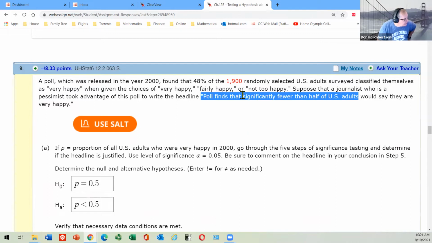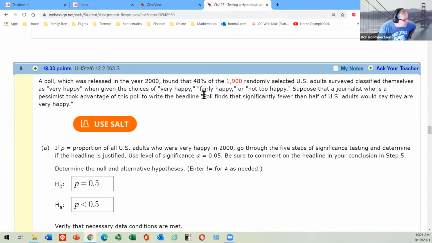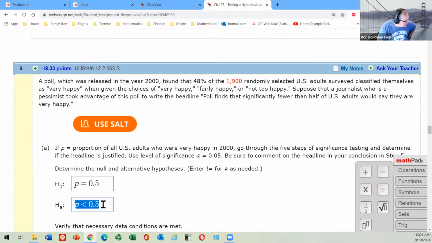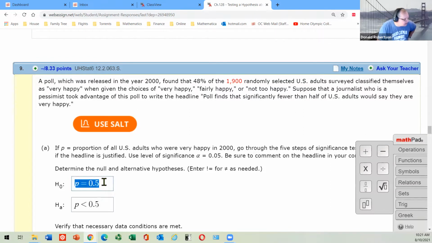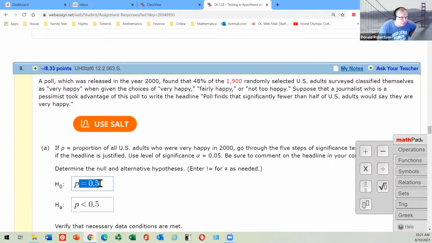And if you can figure out what's trying to be proved, that ends up being the alternate hypothesis every time. So if you're trying to show that the poll finds less than half, then you're looking for P less than half, which means that the null is always going to be P equals that guy. If you wanted to prove it was less than 20%, then P would equal 0.2 here, right?